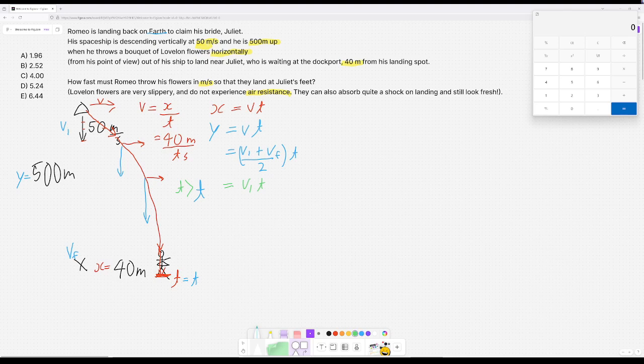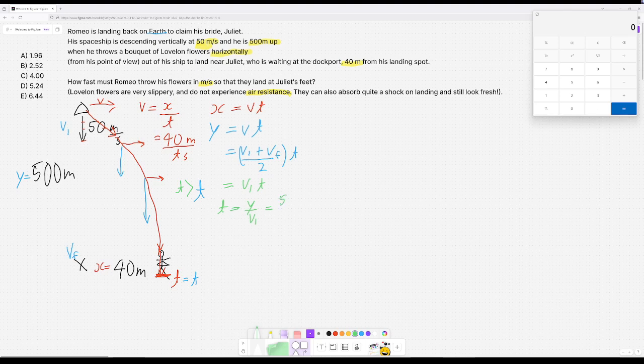So let's say, what is this time going to be equal to? Well, we do know that time, in this case, is the displacement over velocity v1. And then we're going to write the units out to make sure we got it right.